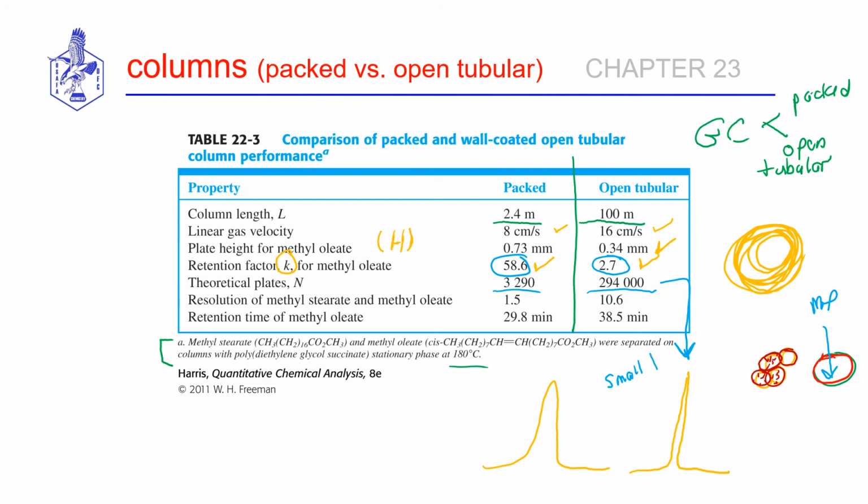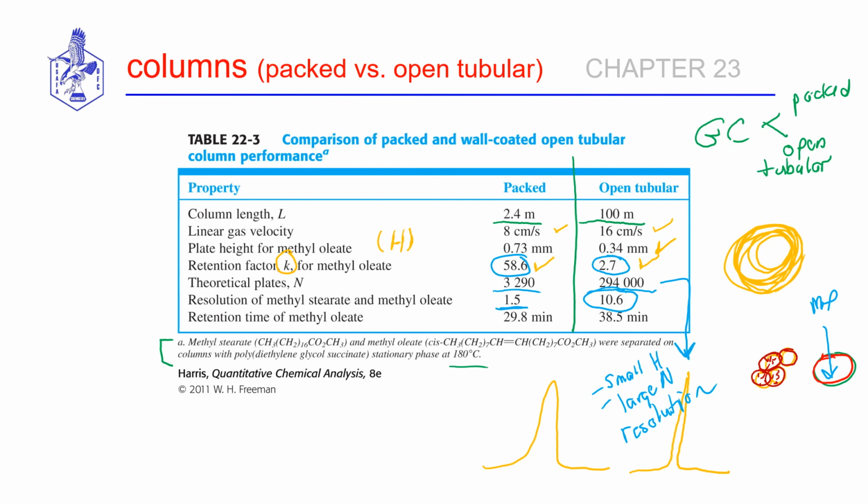We get very minimal band broadening when we're going through an open tube, which means we're going to have a large number of theoretical plates, and we are going to get the best resolution. And that is our next measure. So resolution on the packed column, we barely make clean separation, and on the open tubular, much greater.